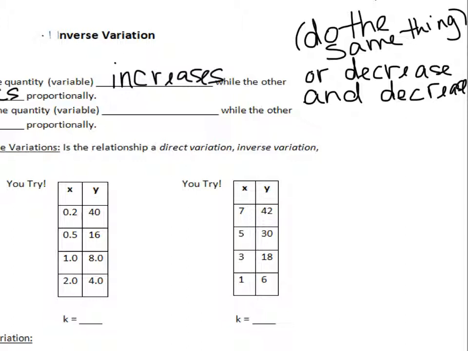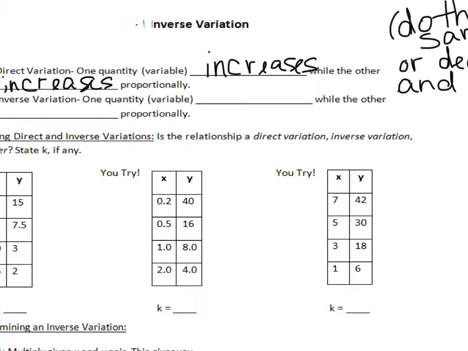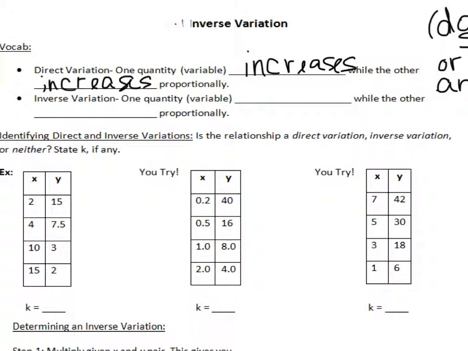The next one, which is not going to be familiar to you, direct should, that's most of your equations and rules. Inverse variation, one quantity will increase while the other one will decrease.